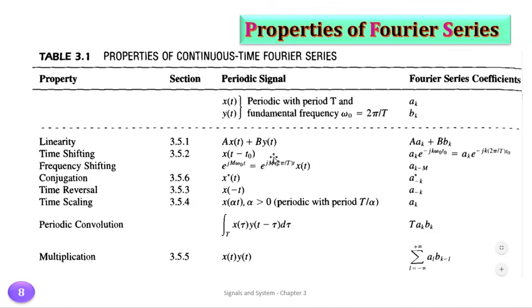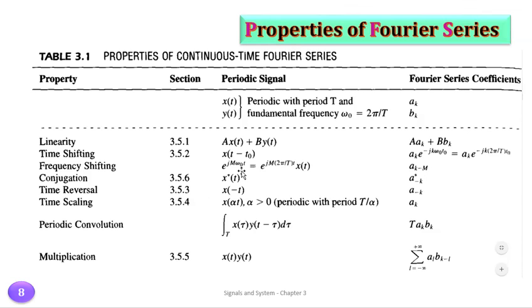Here, m was the coefficient of omega naught, like 2 pi over T is omega naught, right? So e to the power of j m omega naught t means the frequency is multiplied by omega naught. It means that your Fourier series coefficient is going to have m deducted from that. If m was 2, your ak's will be ak minus 2.